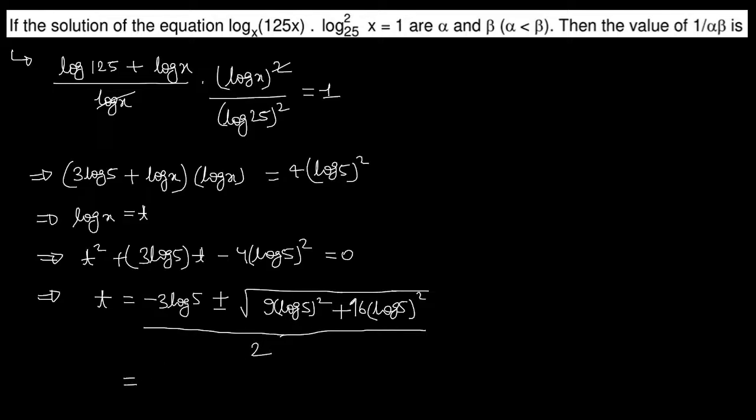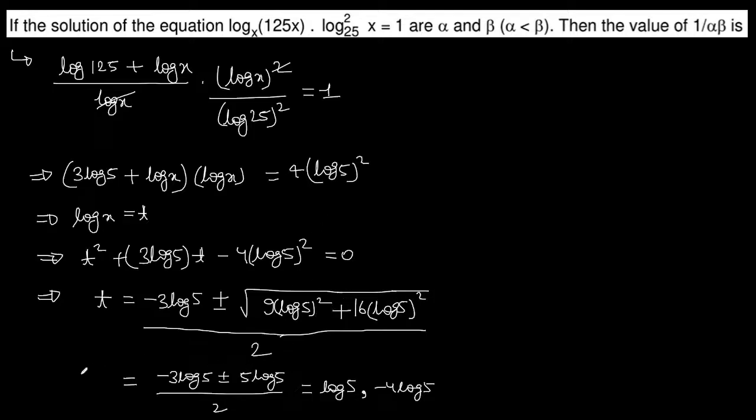This is 25, 5 log 5 whole divided by 2. The answer is log 5, and the other answer is minus 4 log 5.